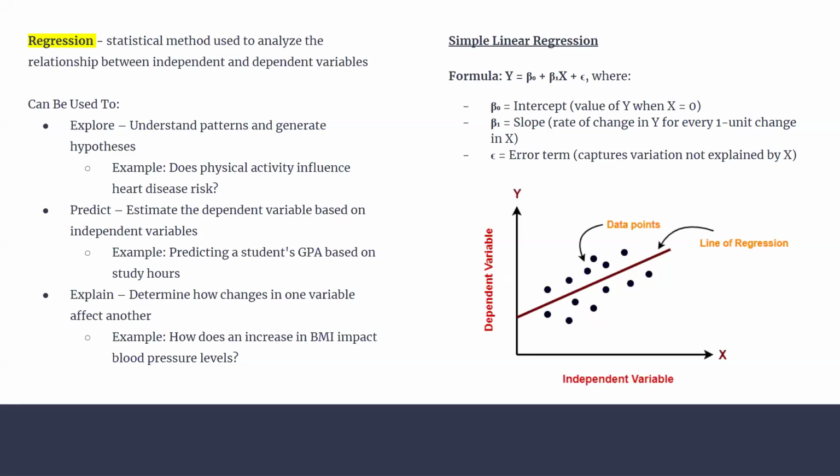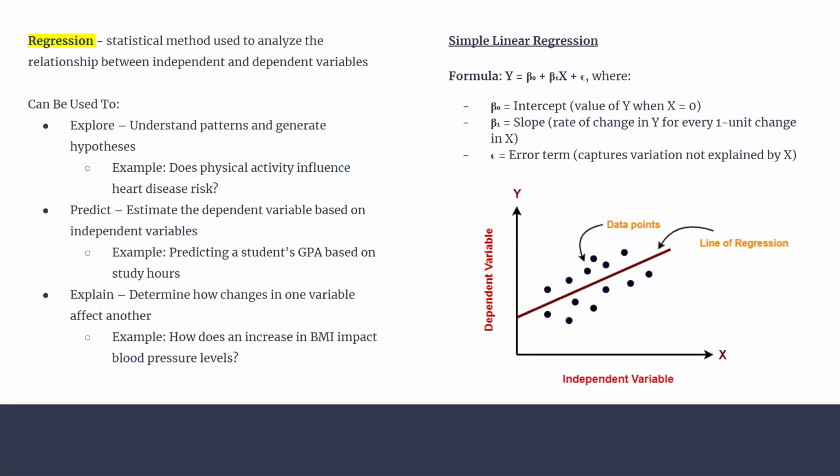Linear regression will be able to come up with a formula to tell you exactly how much BMI can impact blood pressure levels. On the right here is an example of how simple linear regression functions. This type of regression is limited to one independent and one dependent variable that exhibit a linear relationship, which means as one variable increases or decreases, the other one also increases or decreases.